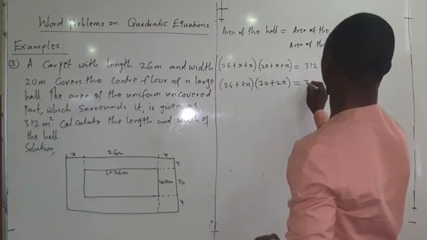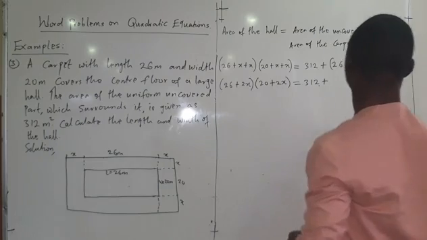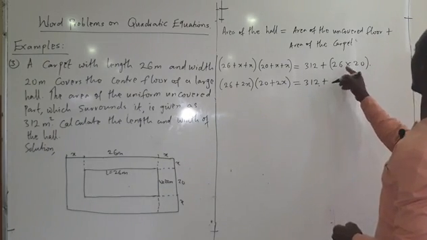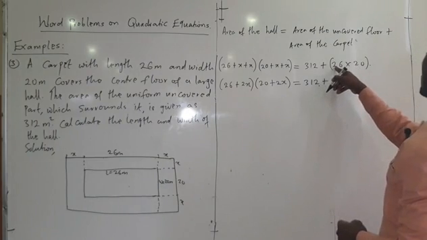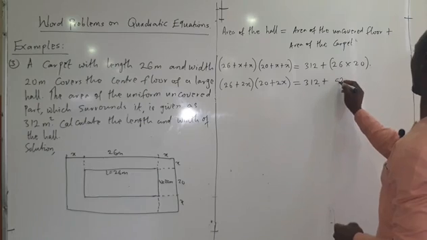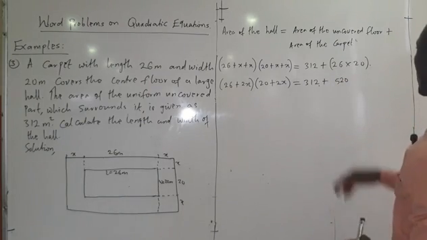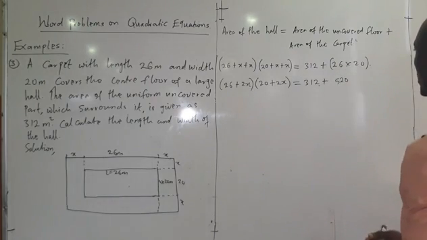So which is equal to 312 plus 26 multiplied by 20. 2 multiplied by 6 is 12, carry 1; 2 multiplied by 2 is 4 plus 1 is 5, then 0. That is 520. So 26 multiplied by 20 is 520.